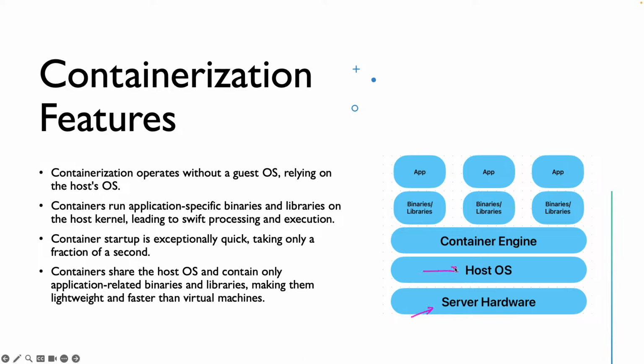On top of that, I'll have my host OS. It can be your Windows or Mac or whatever it is. On top of this Windows, we will have a container engine or container runtime. Now what I can do is, on top of this container engine, I can run my application in an isolated environment.